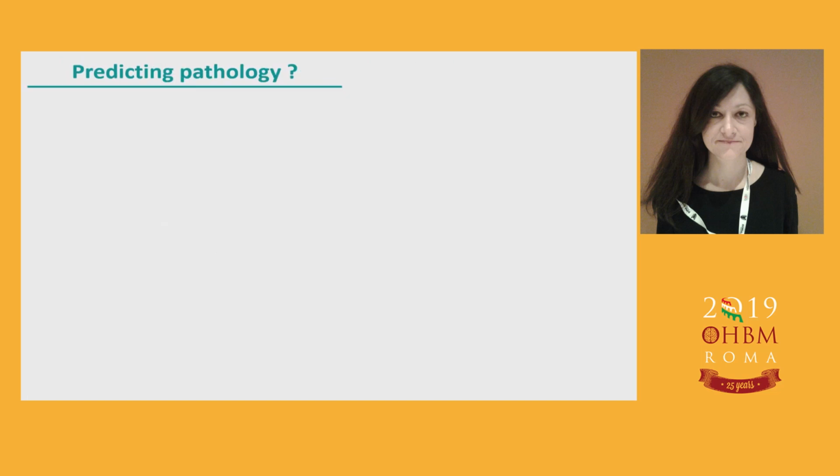But making the right diagnosis in neurodegenerative conditions also means being able to predict the underlying pathology, as an important issue in these patients is that the same pathology can be associated with different syndromes, and also the opposite. So the same syndrome can actually be associated with different pathology. So how can MR be useful in helping the clinician in predicting pathology?